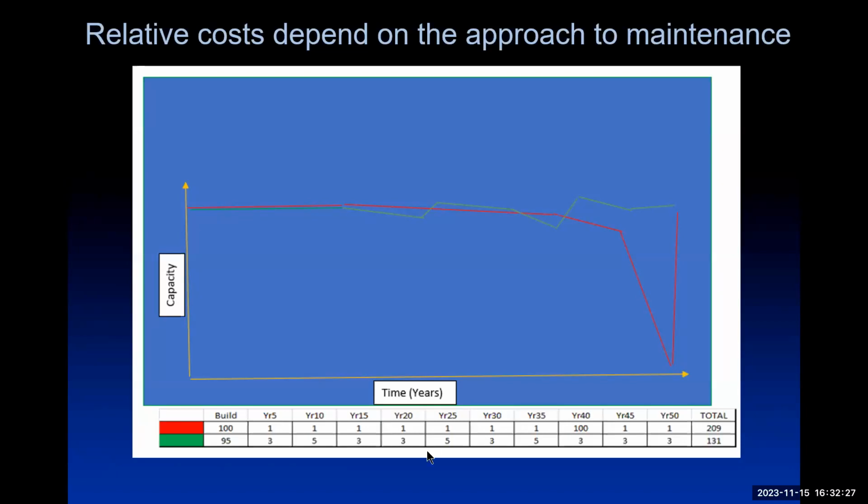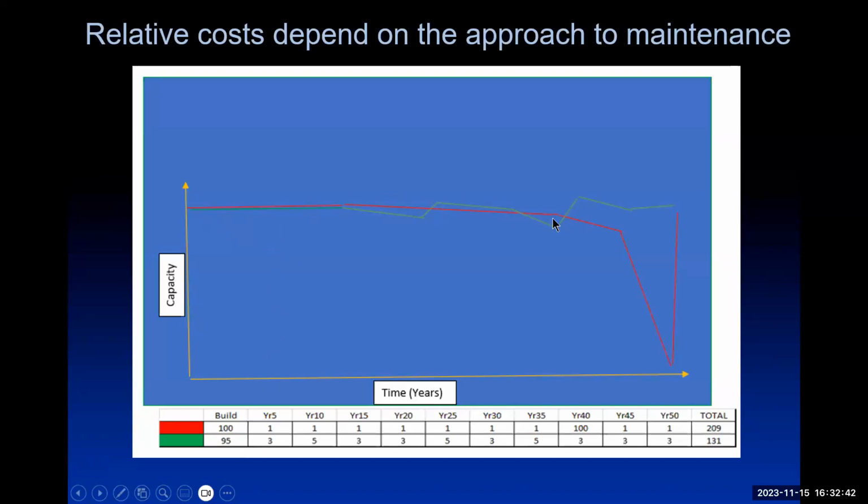This is notional, but nevertheless, if you have one bridge and you decide to do a lot of maintenance on it, then the build costs a little bit more originally.